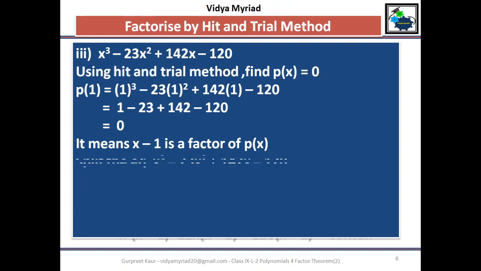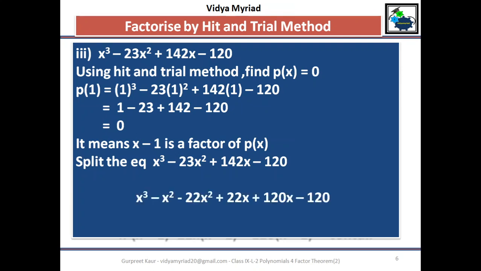Now what do I have to do? Now look here. I need to split the equation now. 23x square, 142x, minus 120. Look here what I have done. Okay. Now how do I find it easier? My trick over here is start from your right side, that is from 120.